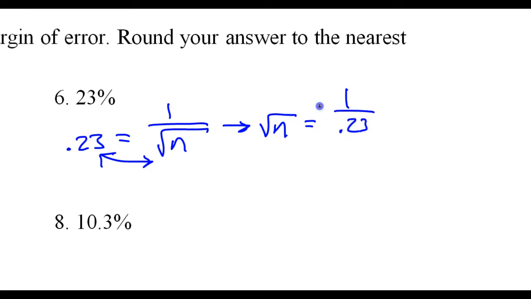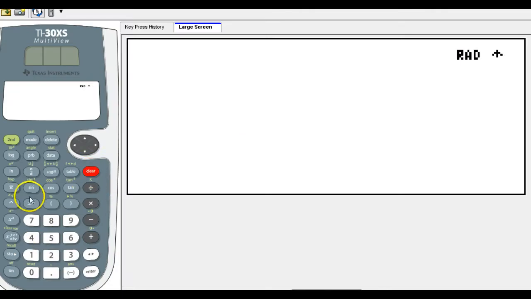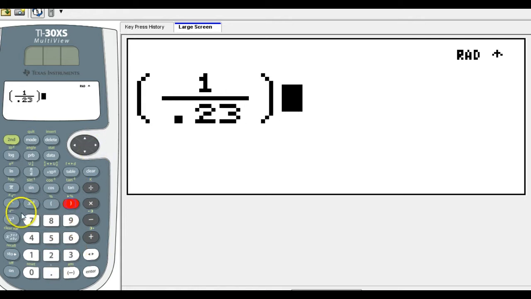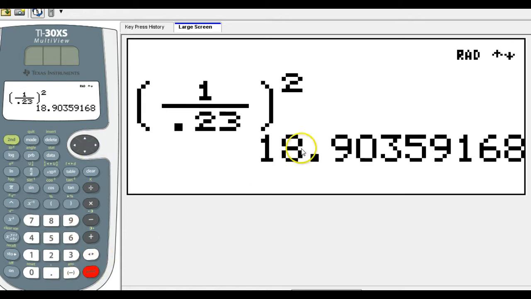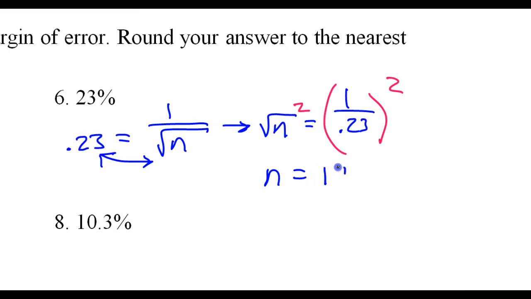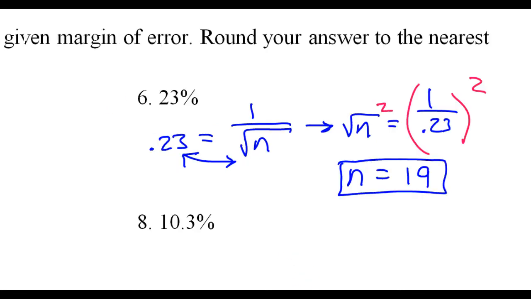Now if I square both sides like so, that should give me the sample size. So 1 over 0.23 squared. Alright, 18.9 to the whole number, that's 19. So the sample size would have to be 19 to have a margin of error of 23%.